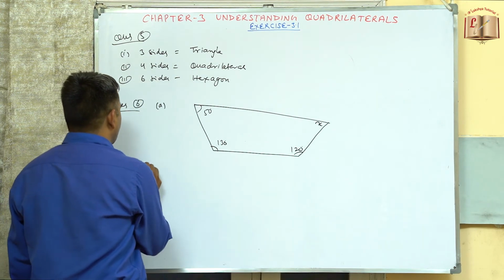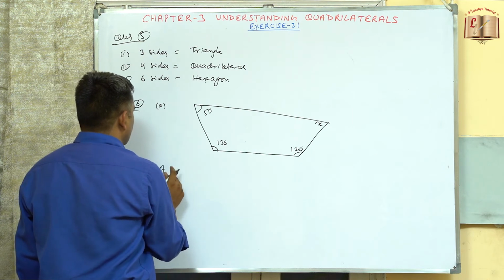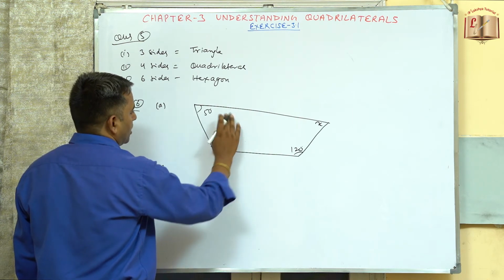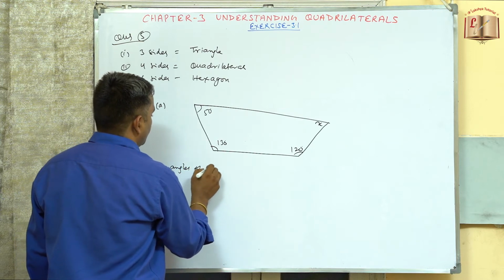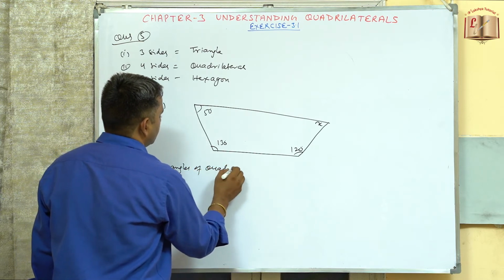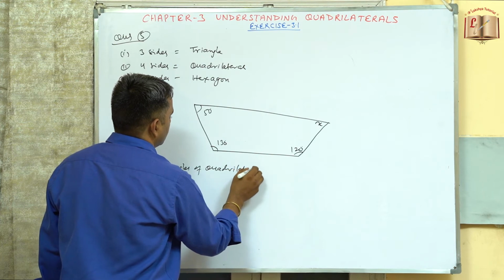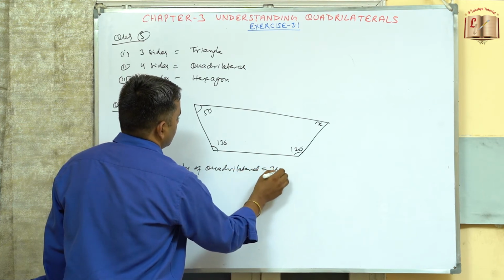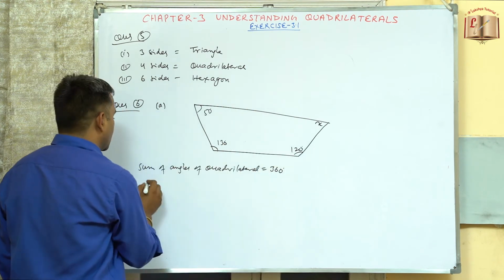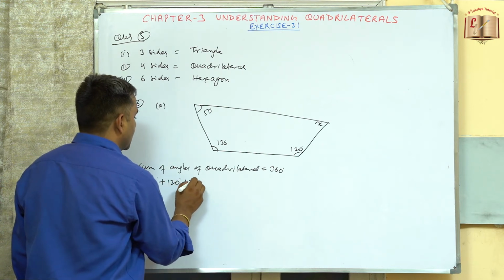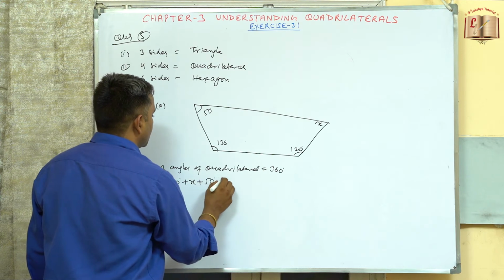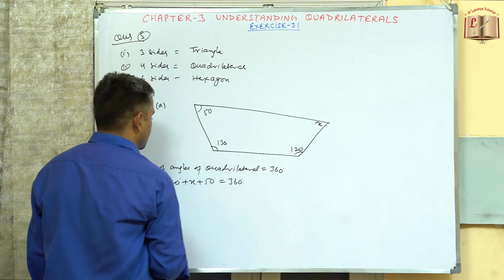So we know that the sum of all the angles of a quadrilateral is equal to 360 degrees. So we will add up all of these. So this will be 130 plus 120 plus x plus 50 equals 360 degrees. So x equals 360 minus, let us now add all of these.